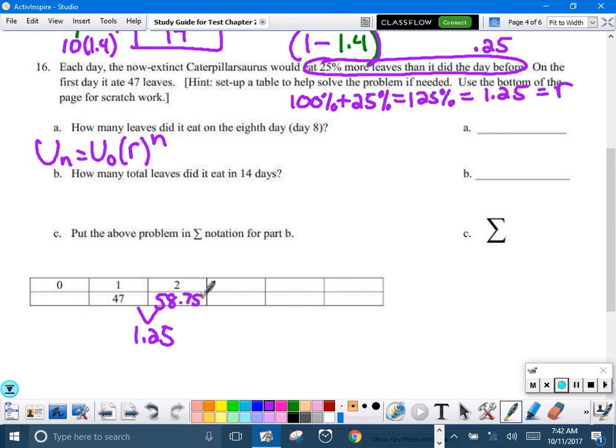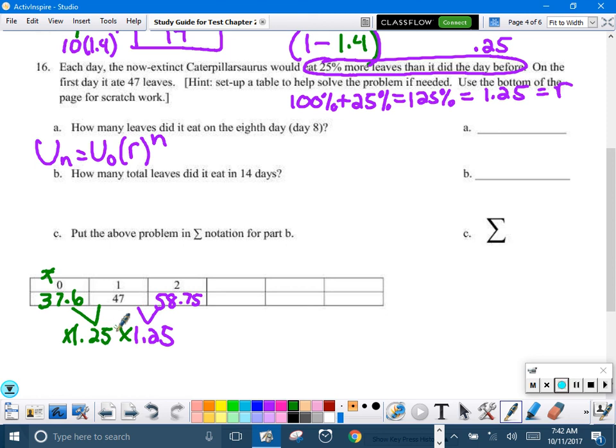Okay, but that doesn't help us with the formula right now. What we need to do is we need to go backwards because we need the 0. So we're going to divide the 47. So 47 divided by 1.25. So on day 0, granted, that's not possible, but if there was a day 0, it ate 37.6 leaves.